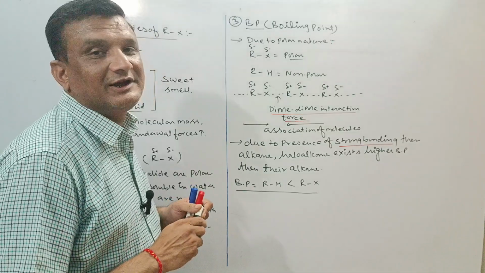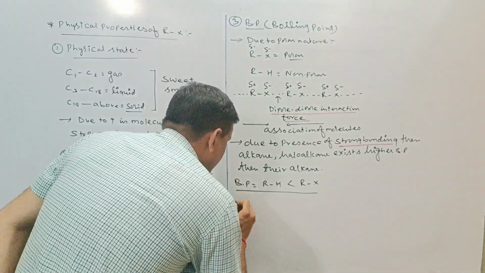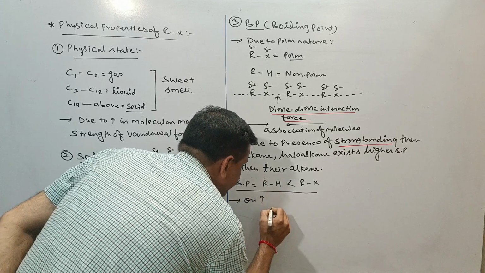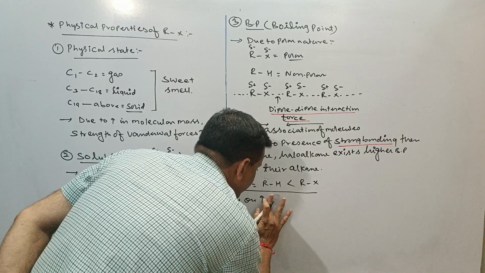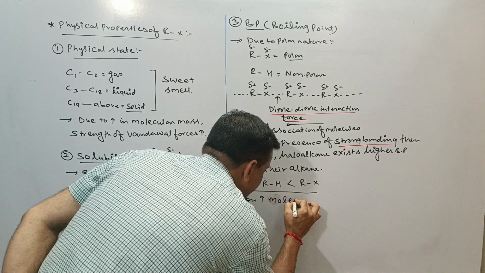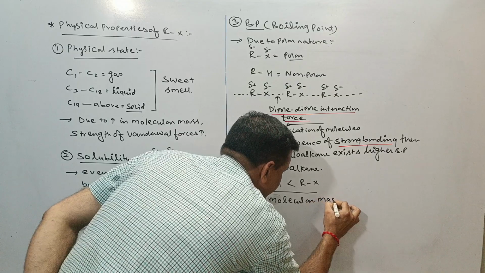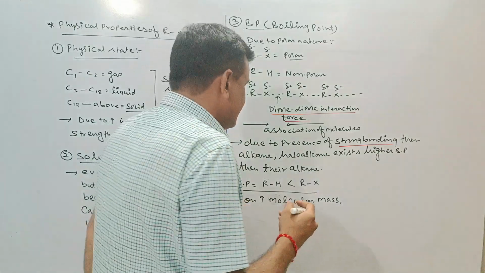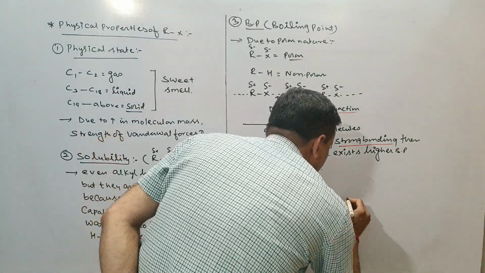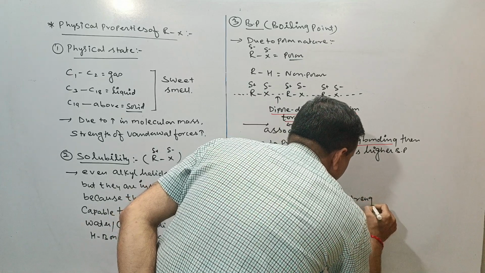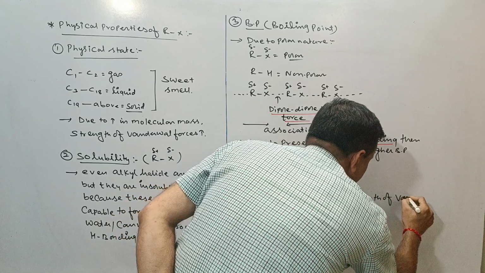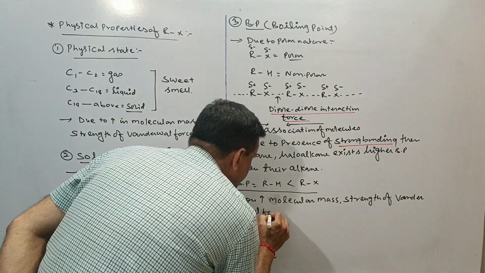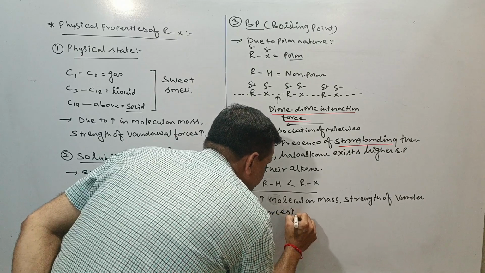Now I would like to go further. On increasing molecular mass, as we all know, the strength of van der Waals forces also increases. We have discussed this. So the strength of van der Waals forces increases.